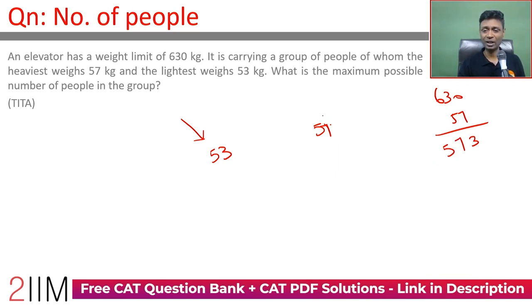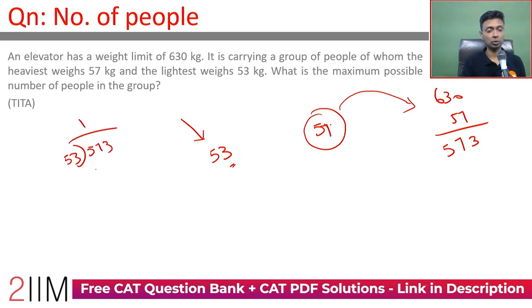Now there's one guy who should have weighed 57. Set aside that guy, and then the remaining should all weigh 53. 573 divided by 53 gives 10 people. 10 people weighing 53 kilograms and 1 weighing 57.